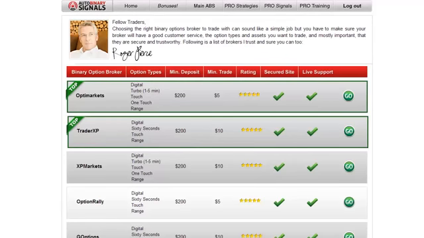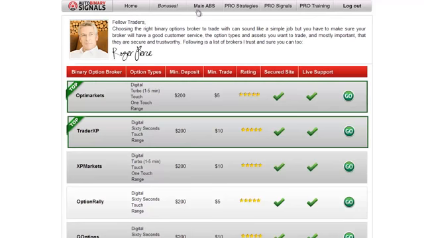And a second reason why it's important to use more than one broker is that even though roughly all brokers have the same assets, not all of them really have the same assets at the same time.